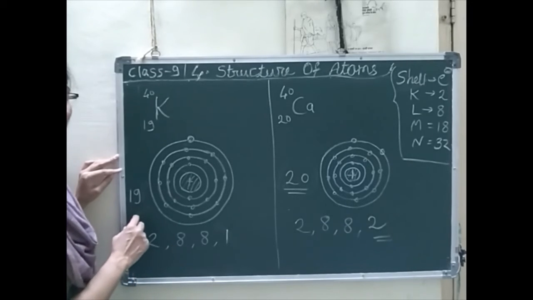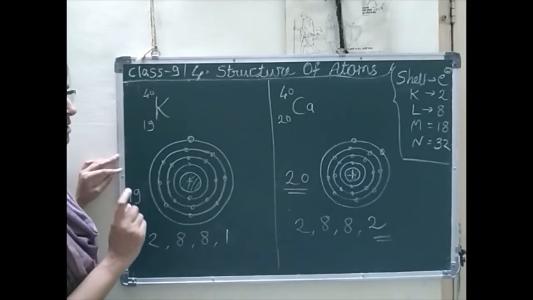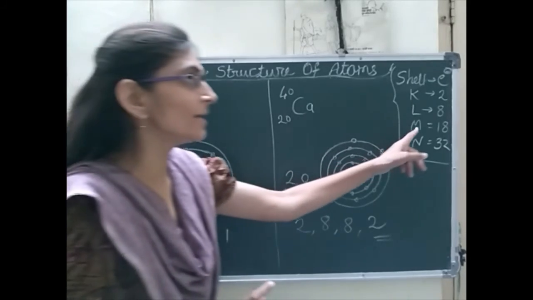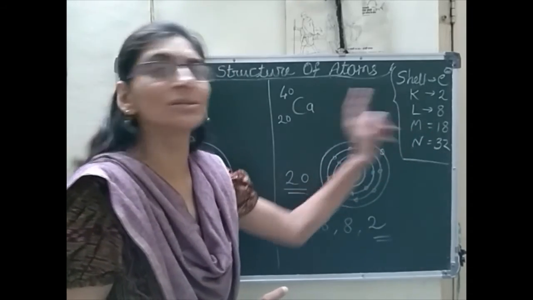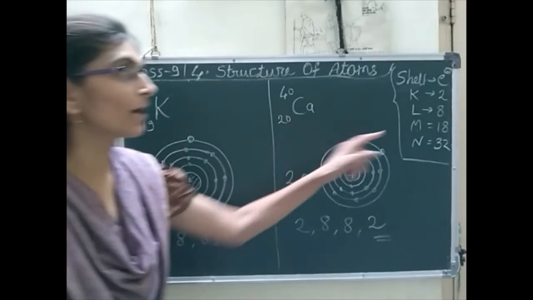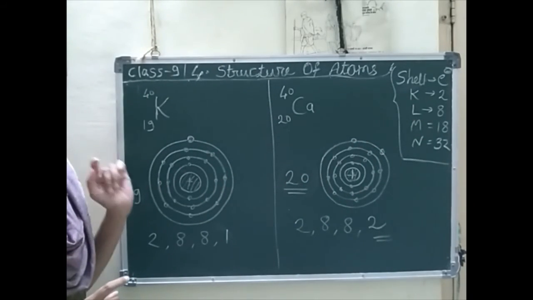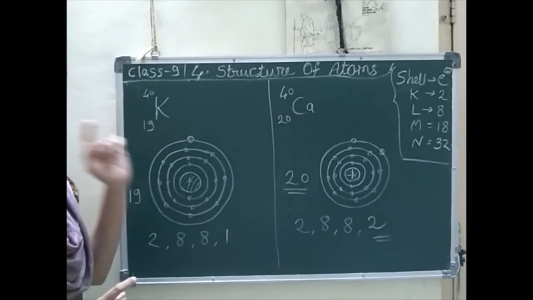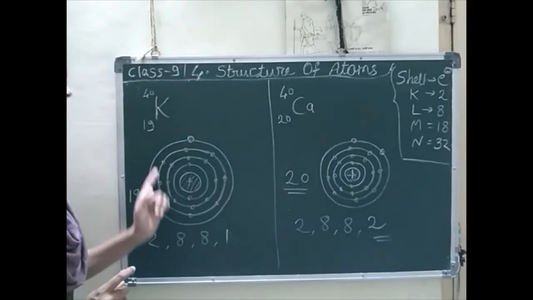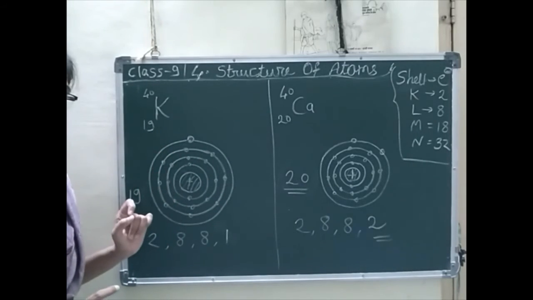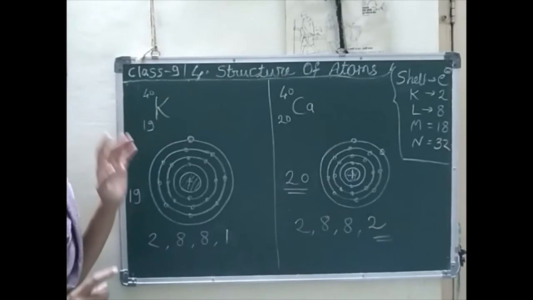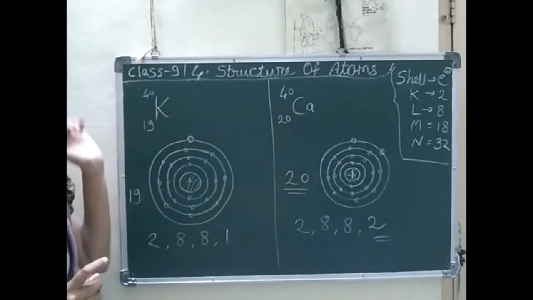We now have 9 electrons remaining. So we could accommodate all that 9 electrons in the n shell, according to this rule. But we know that a maximum of 8 electrons are here.